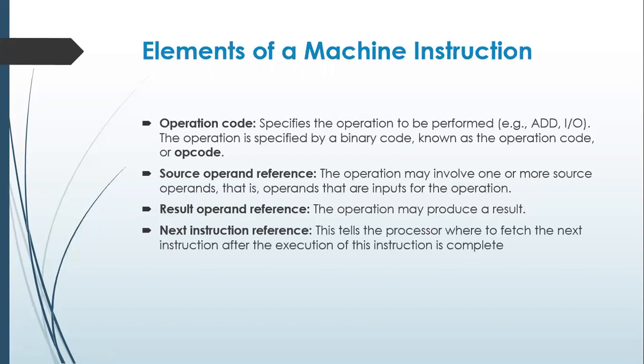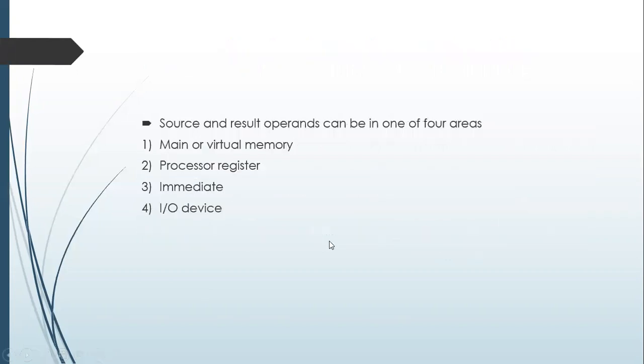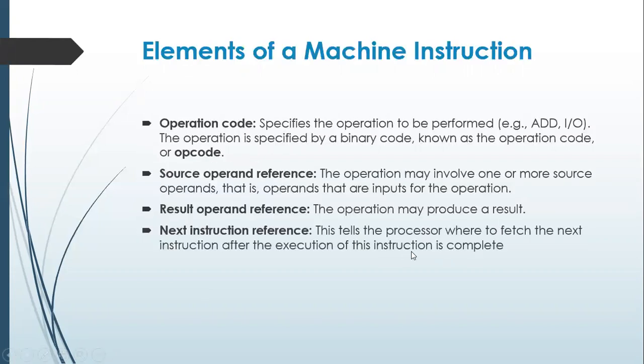Whatever operation you are doing is going to produce some kind of result, and where do you want to store that result? That is called a result operand reference. And the last one is next instruction reference. This reference tells the processor where to fetch the next instruction after the execution of this instruction is complete.